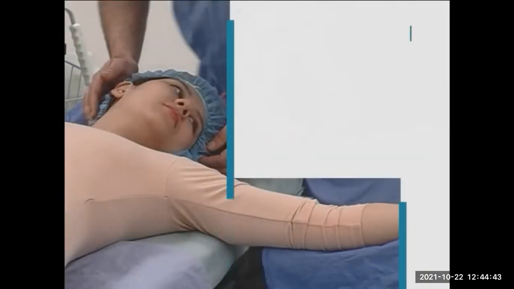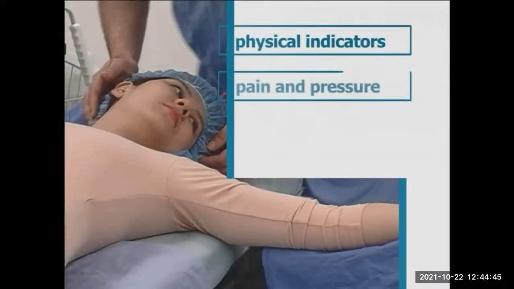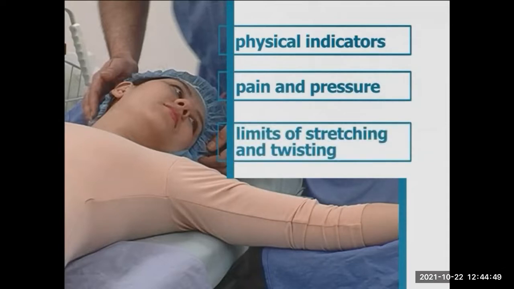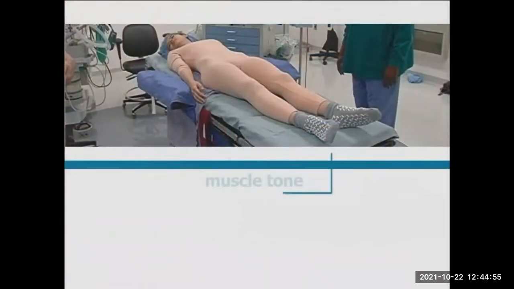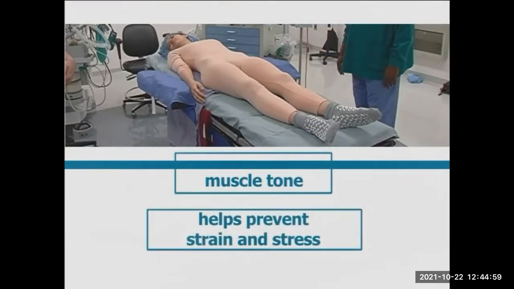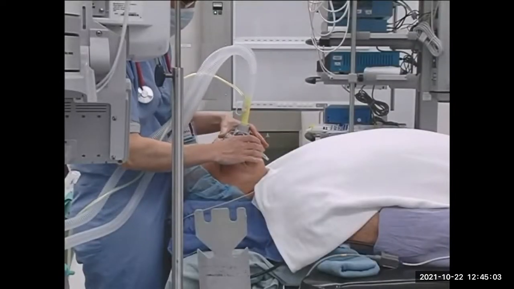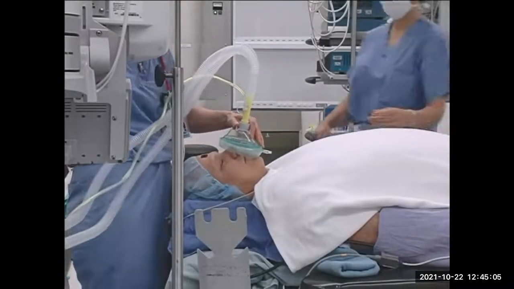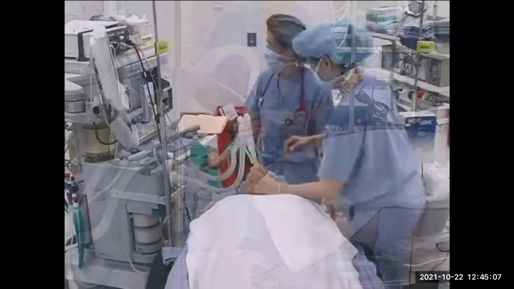When a patient is awake, physical indicators such as pain and pressure that warn when the limits of stretching and twisting are being reached maintain the range of motion of the body. Muscle tone also helps prevent strain and stress to muscle groups. Under anesthesia, these protective devices are no longer active.